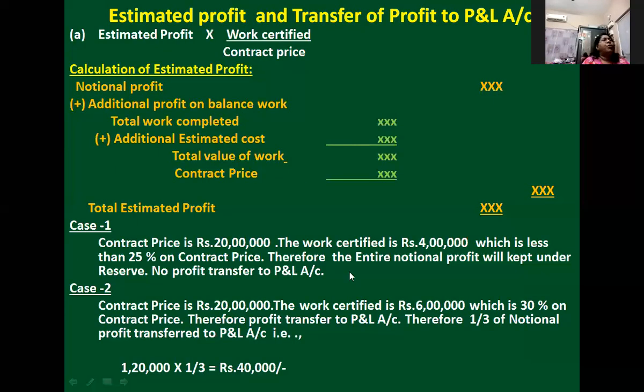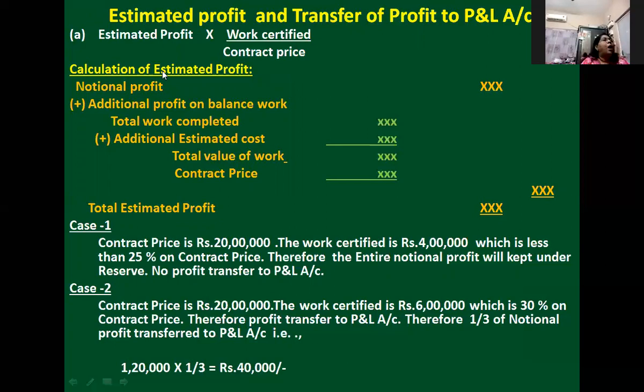Now, before going into the solution, look at this format. How am I going to calculate the estimated profit? This is the formula that many of them are using: estimated profit into work divided by contract price.